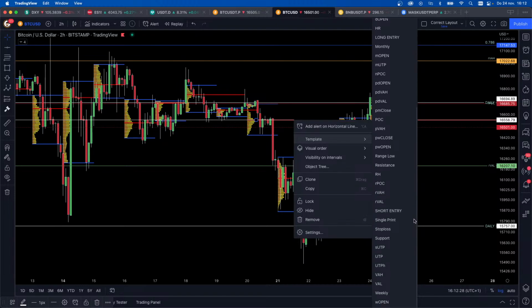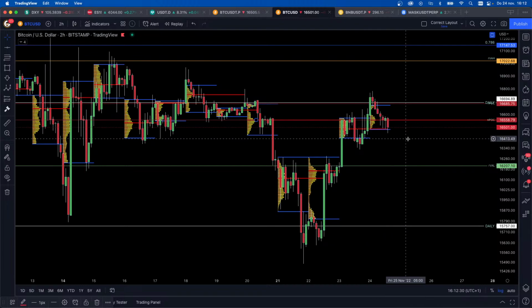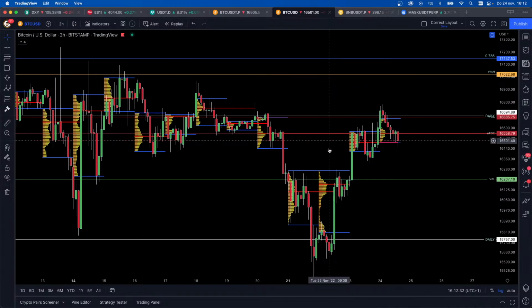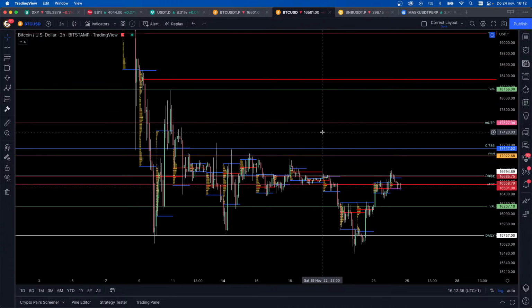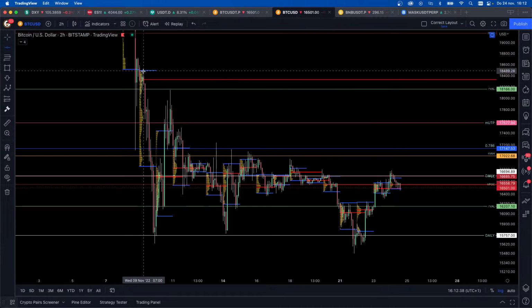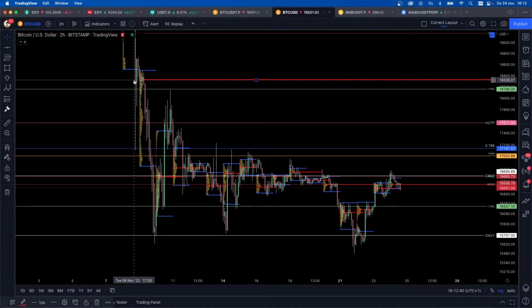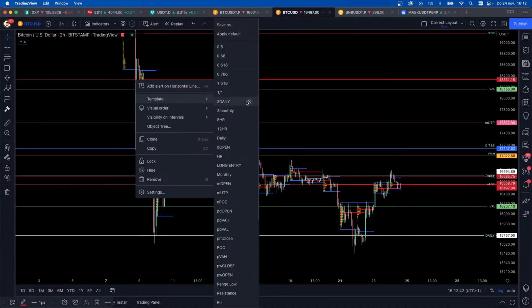Such NPOCs actually act as a magnet. So you can also look a bit higher and you can see, for example, here, this is an NPOC. Where is it here?